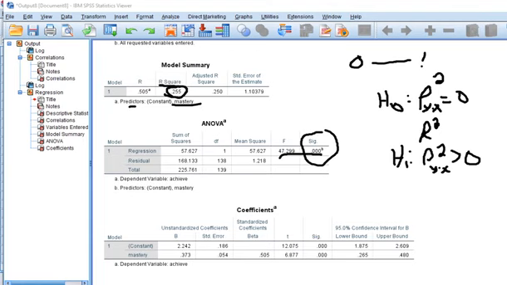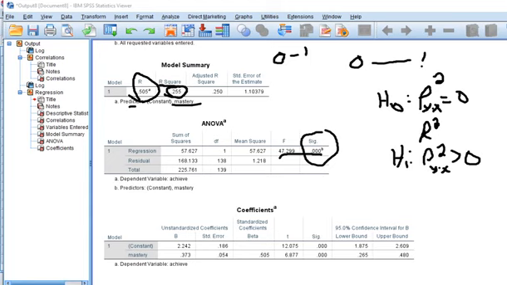You can also see right here, this R is referred to as a multiple correlation, and it's just the correlation between the set of your predictors and your dependent measure. It's also going to range between 0 and 1, and it's interpreted in the same way as a standard Pearson's correlation, except that the values will always be positive.